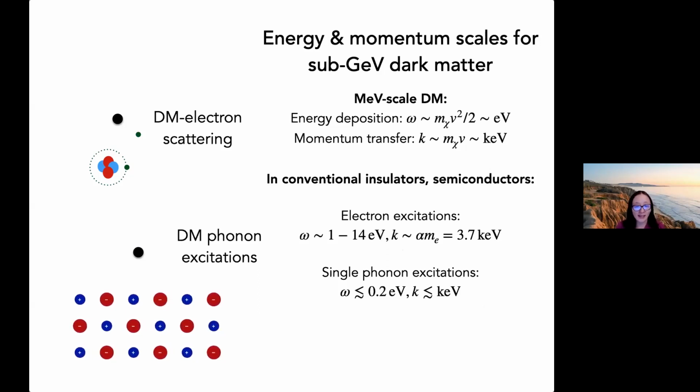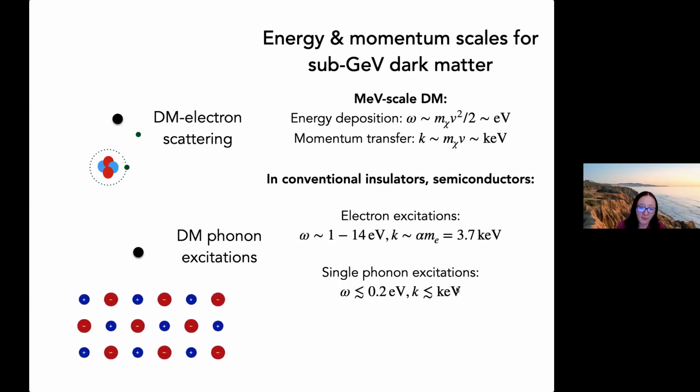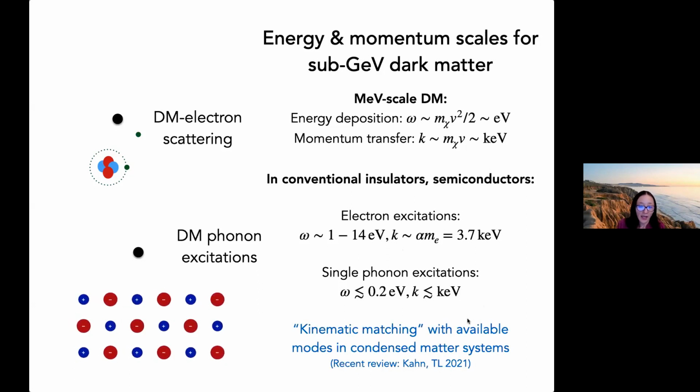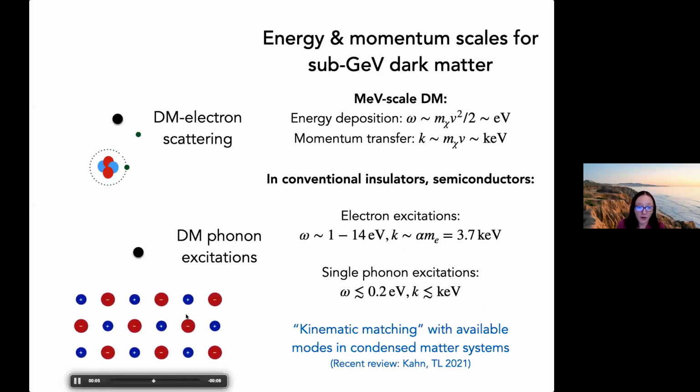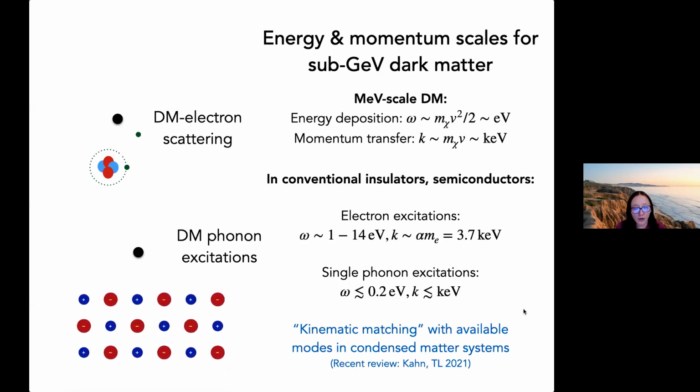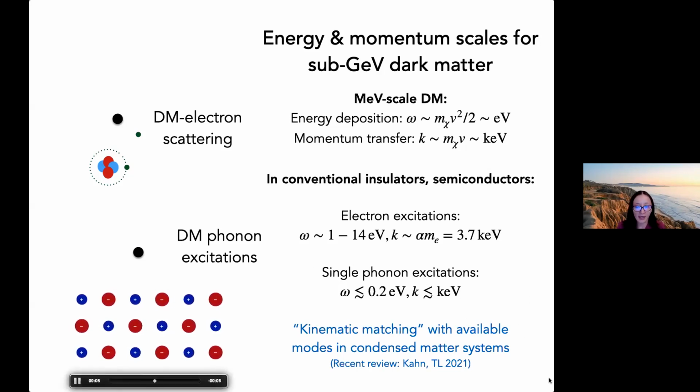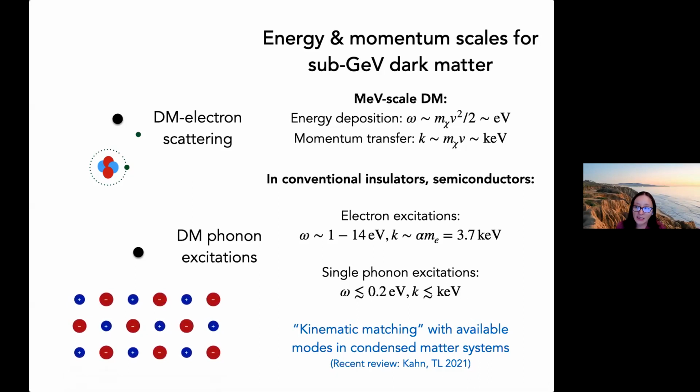But this at least tells us that the kinematics is in the right place to start with. I'm not going to say much more about dark matter phonon interactions, but I'll point you to a recent review worked on with Yoni Khan that describes this kinematic matching and dark matter phonon interactions in much more detail.